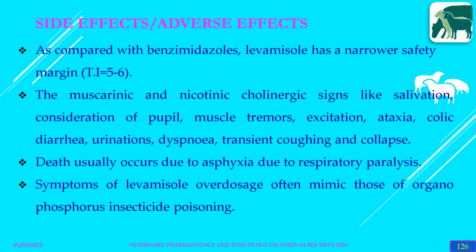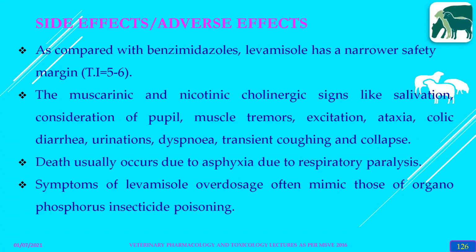Side effects: it has a very narrow margin of safety, that is, the therapeutic index is 5 to 6, whereas ivermectin is 30. The muscarinic and nicotinic cholinergic signs like salivation, dilatation of the pupil, muscle tremors, etc. are seen.